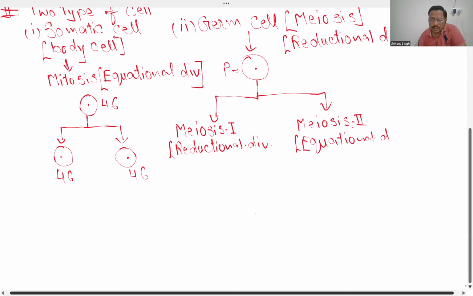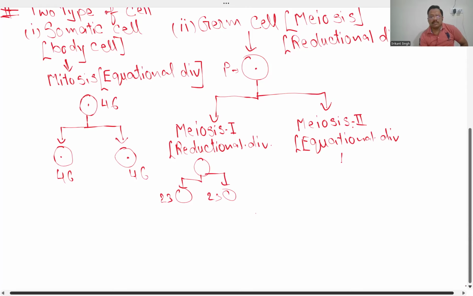Due to this reason, in meiosis 1, the chromosome number is going to be halved. The parent cell forms two daughter cells, and both daughter cells have 23 chromosomes. Both daughter cells participate in meiosis 2.